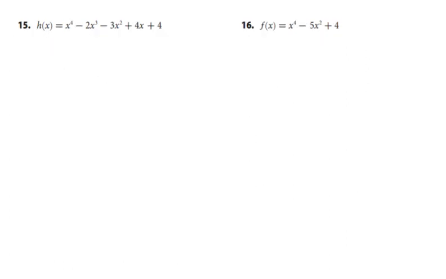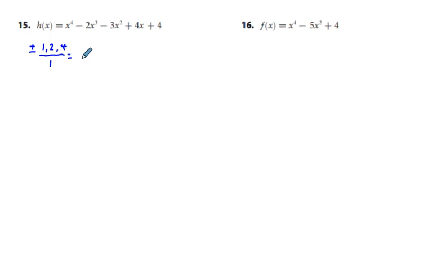Next on our problem 15. Again, we have using our rational roots theorem, and I'm not even going to list it there. We have plus or minus factors of the constant term, which are going to be 1, 2, and 4 over 1.